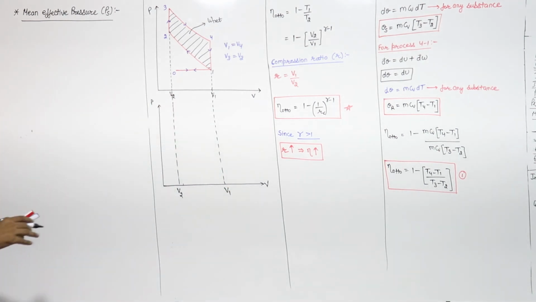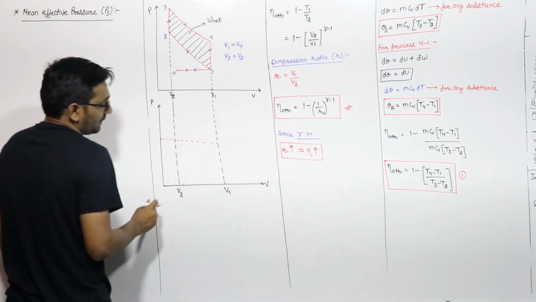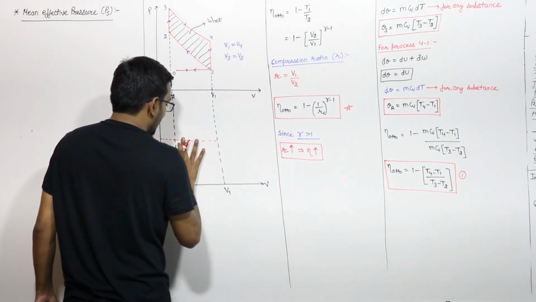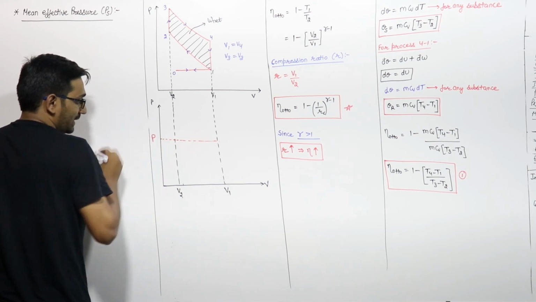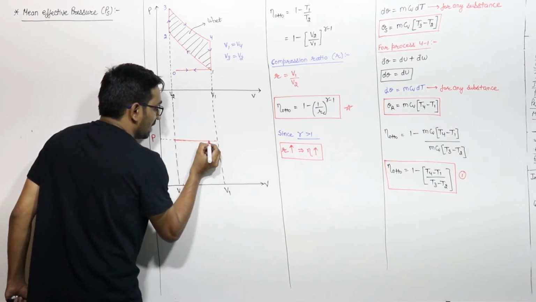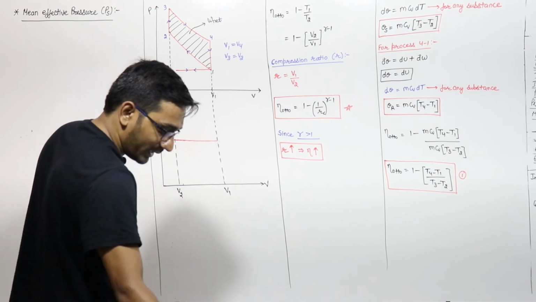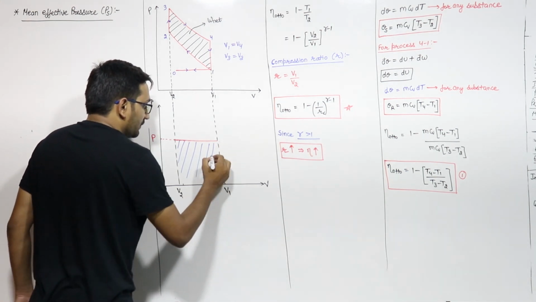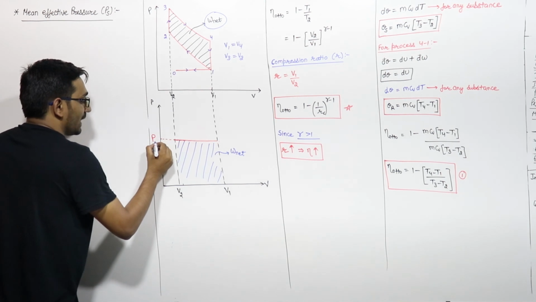Between the same volume limits, if I define a constant pressure, suppose this pressure, which will remain constant throughout, and the area bounded by this pressure line is again the same net work done as given by the cycle, then this is known as mean effective pressure.